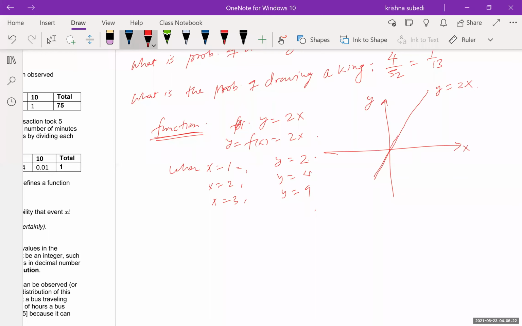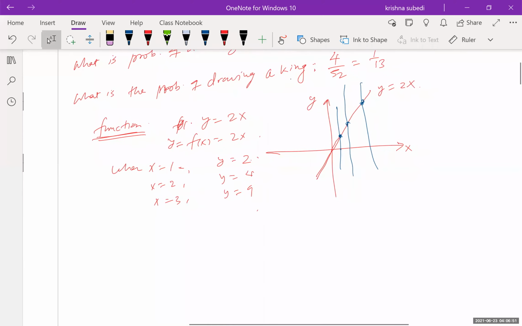Now, this is clearly a function, because in high school you learned that it is a function if it passes the vertical line test. If you draw a vertical line, it crosses at just one point. That kind of graph is a function. For each x there is only one y.